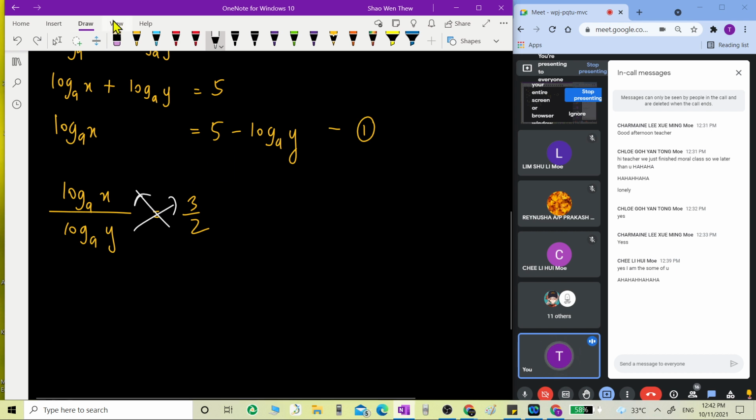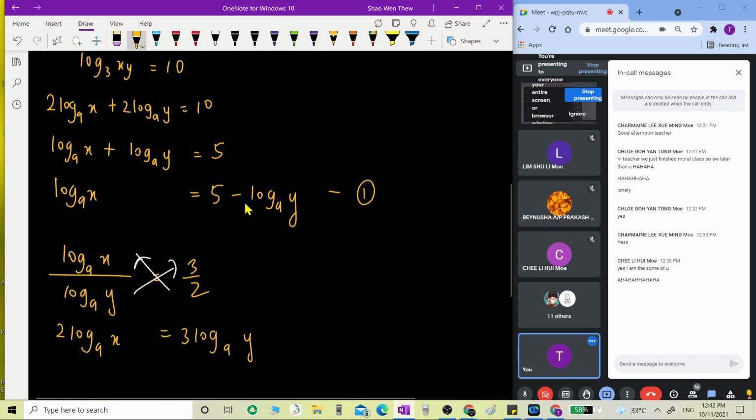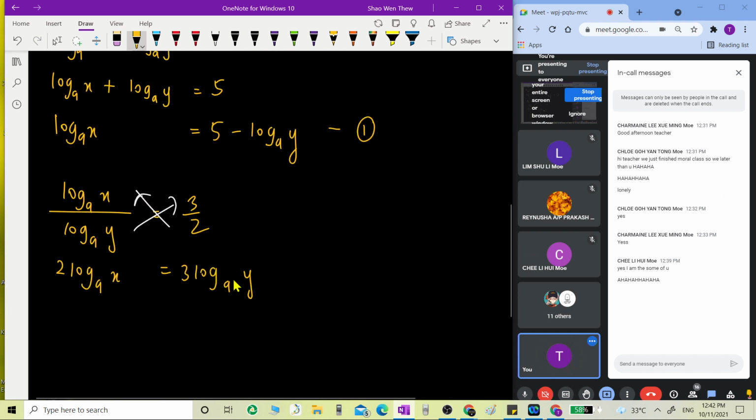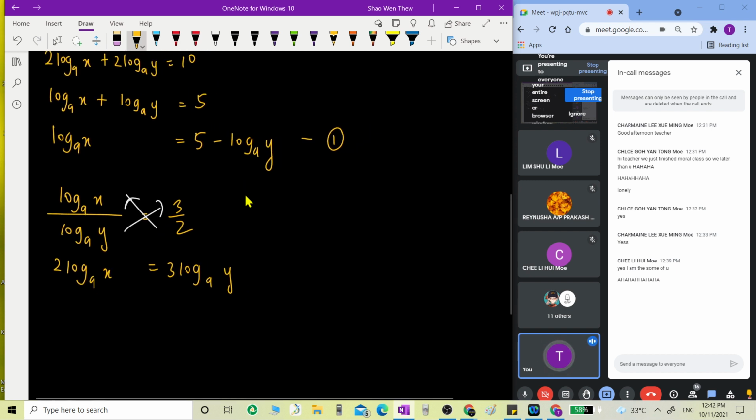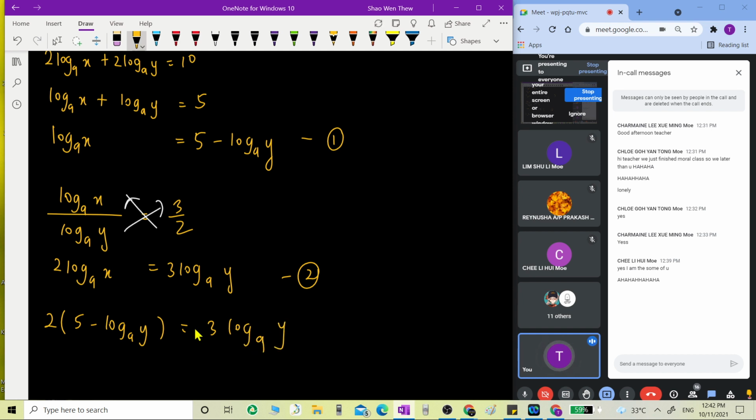So bring 2 to here, it is 2 log 9x and this one is 3 log 9y. Like this, this one is equation 2. So after that, you can substitute 1 into 2. So 2 times 5 minus log 9y. Of course, you have other methods as long as you can get the x and y.